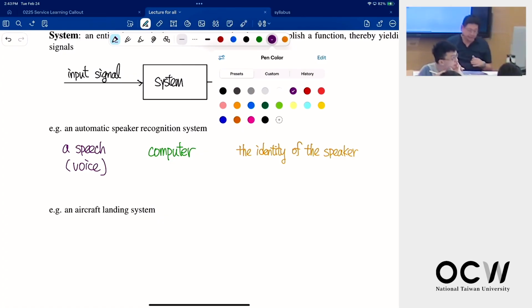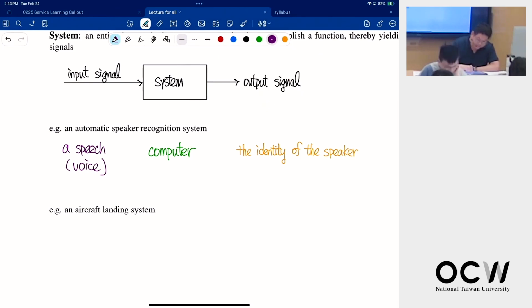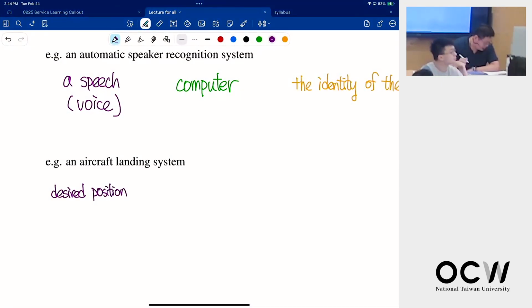Because it's a landing system, I need to tell the aircraft the exact position that you need to land here or land in that way, right? So we need to give the desired position, the desired position of the aircraft.